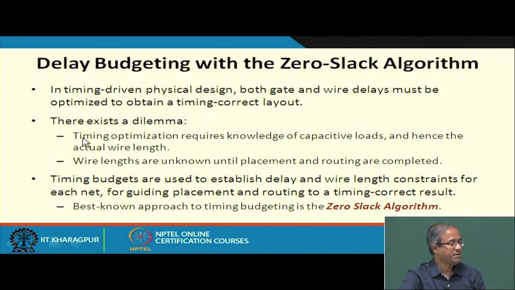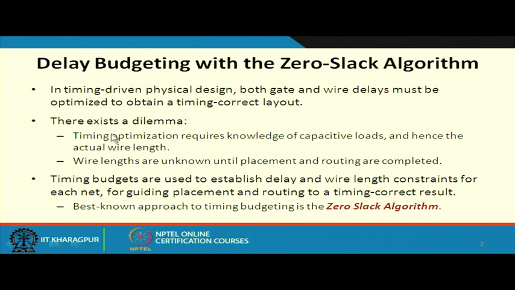When we do timing optimization, we are considering wire delays, which means that we need good knowledge of capacitive loads and of the actual wire delays, because unless we have knowledge about the capacitive loads, our estimates of the wire delays can be quite inaccurate.